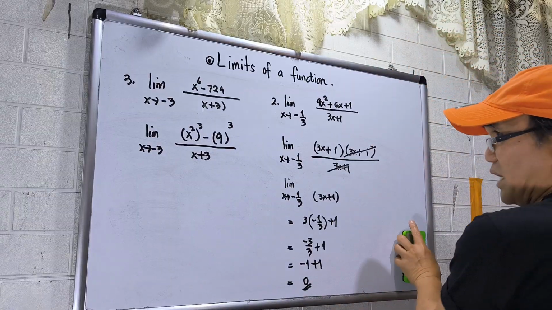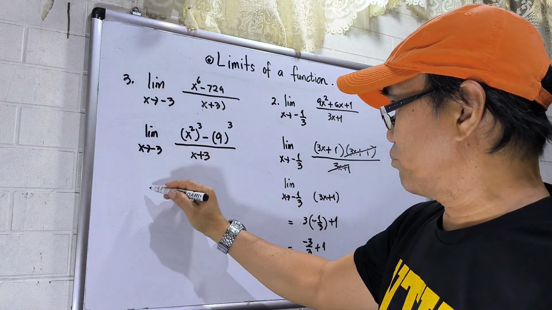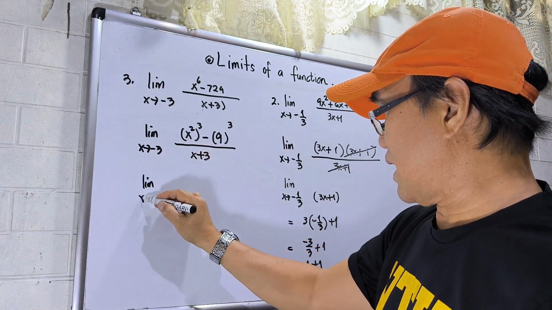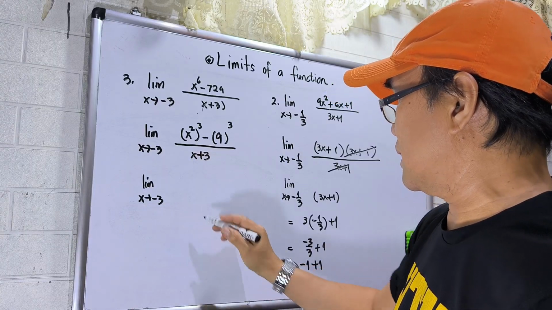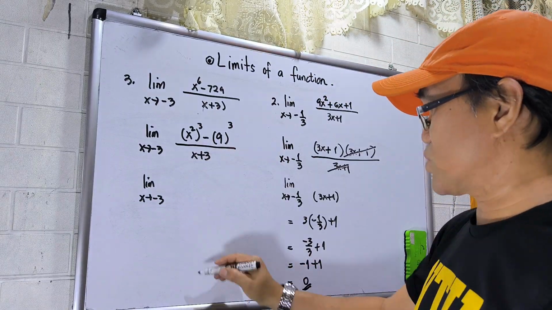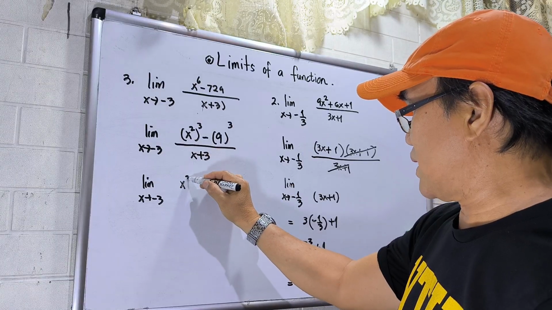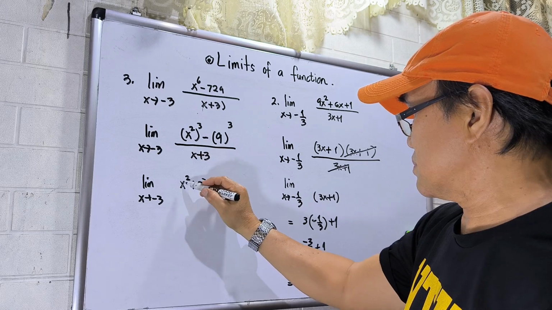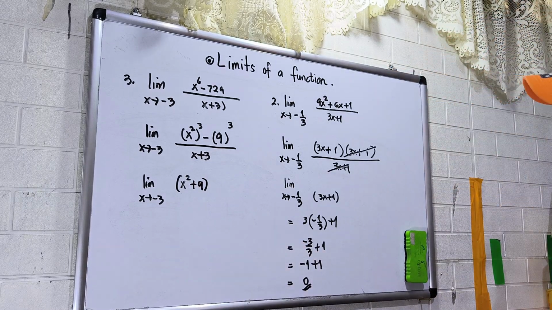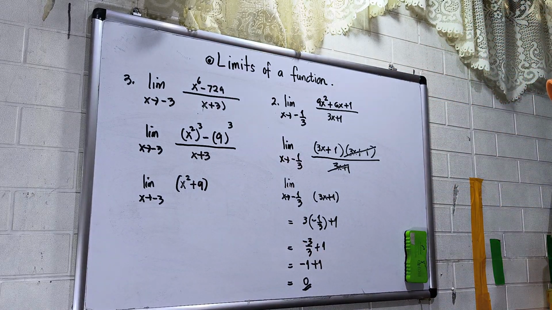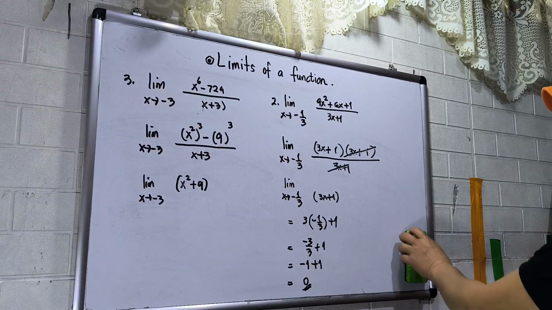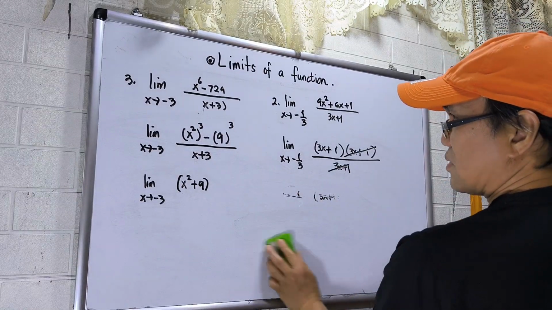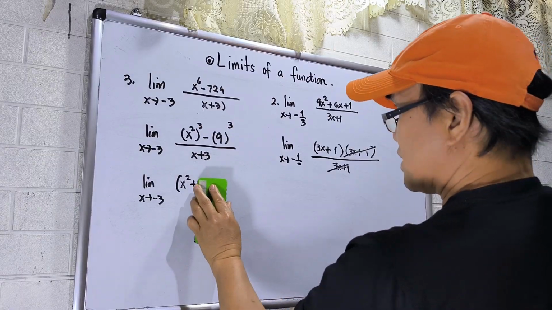Then I will factor out x squared minus 9, as x approaches negative 3. So, difference of 2 squares. So this will be x squared, minus 9. Sorry, this is minus.